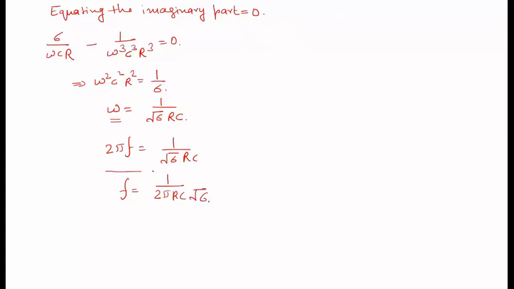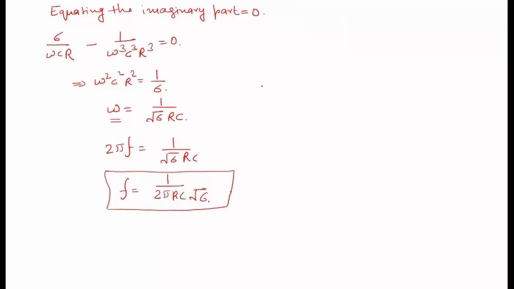So if the frequency is equal to 1 upon 2 pi RC into root 6, the imaginary part will be 0 and output will be real only. So this is the frequency for the RC combinations.